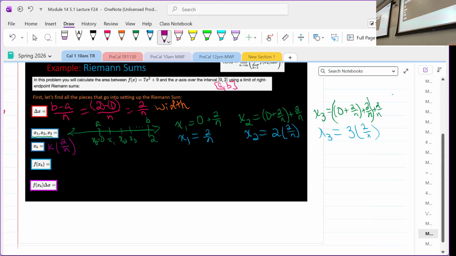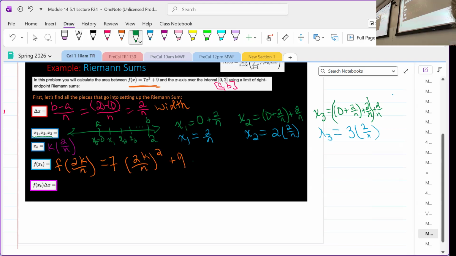So now our f of x sub k literally means plug the x sub k formula into our function. So f of, we can write that as 2k over n. And now we're actually going to plug it into the formula. So 7 times 2k over n squared plus 9.